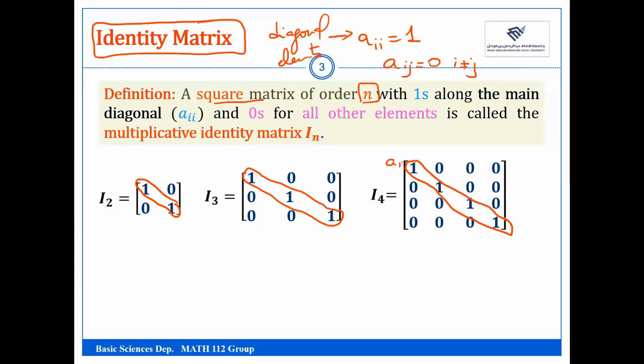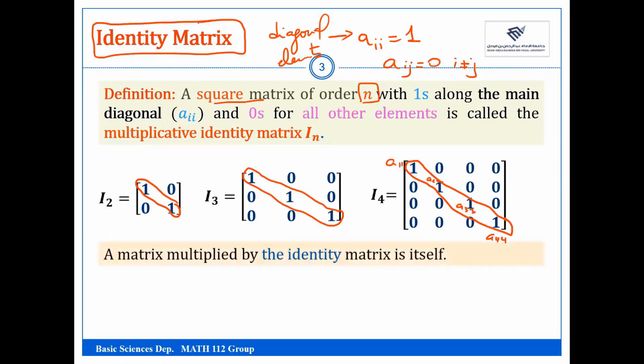These are called identity: a11, a22, a33, a44, all elements on the diagonal equal 1, all other elements equal 0. The number here gives you the order, how many rows and how many columns in this identity matrix.